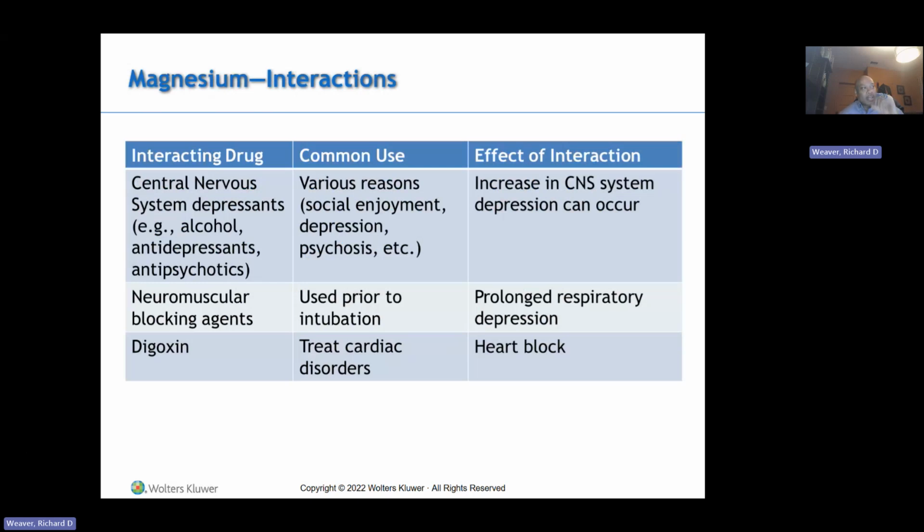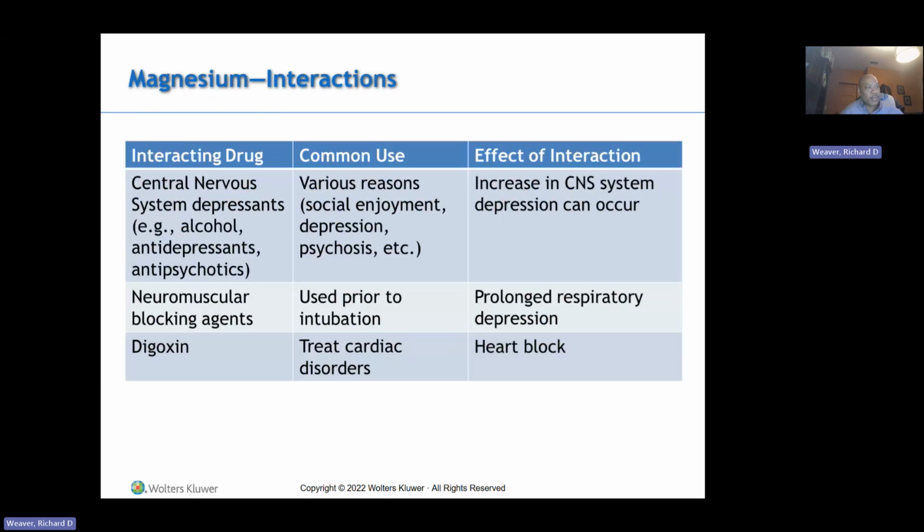So this can also affect these patients' respiratory system, causing lethargy and perhaps even coma, because it's depressing the system. Also, if we give it with a neuromuscular blocking agent, which is a drug we use to paralyze patients when we're putting a tube down their throat, like an intubation tube, to place them on a ventilator, because otherwise they'll fight and resist, and it's really hard to intubate them. If you give this drug with these blocking agents, it can prolong respiratory depression.